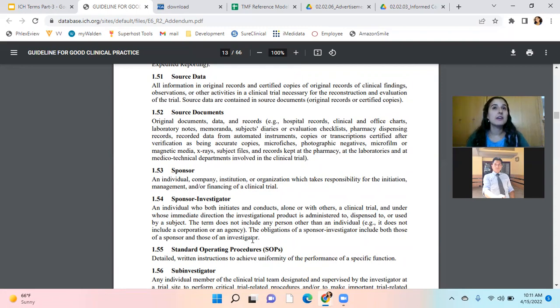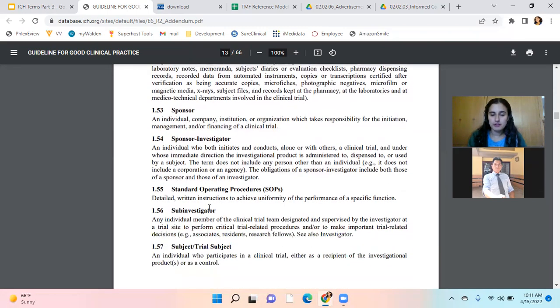The CRO is being hired to do it, but at the end of the day, the CRO is responsible to get the job done, but not responsible in the sense of, did it occur correctly? Is it ready for filing? Now, the CRO should do a good job, but it's the sponsor's responsibility to manage the CRO, and they have to provide proof of that. And that's why you want to file your meeting minutes with the CRO, so that you can show the vendor management and show that it was done correctly, right?